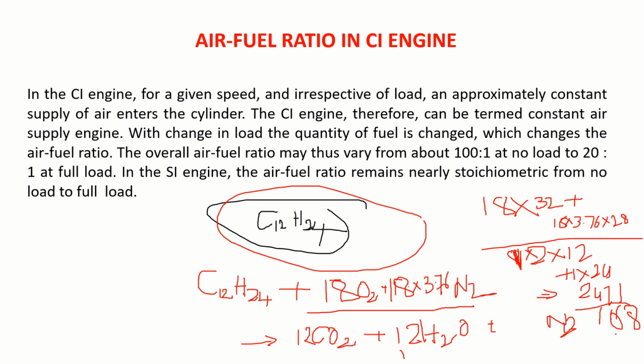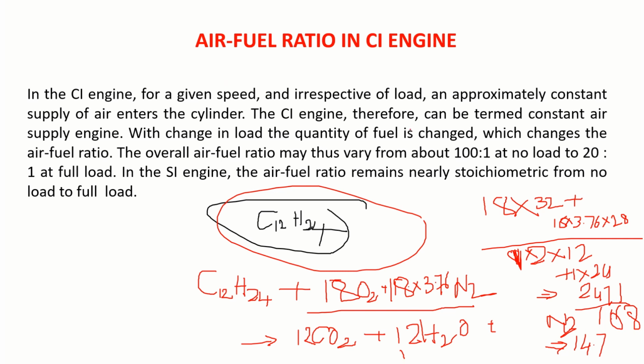So 2471 divided by 168 is around 14.7. That's the kind of air fuel ratio you get with the CNG.